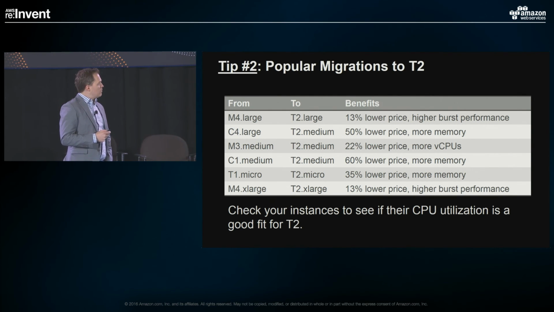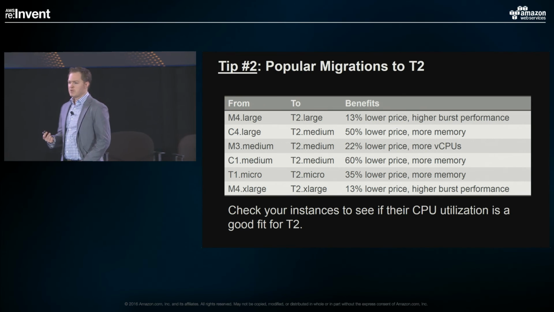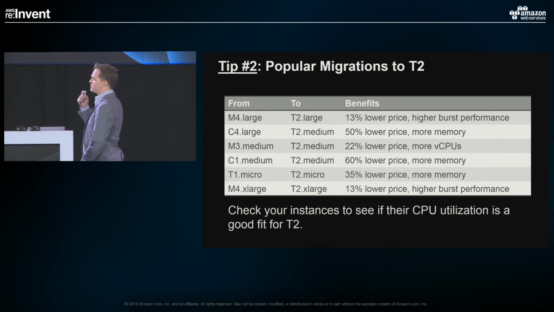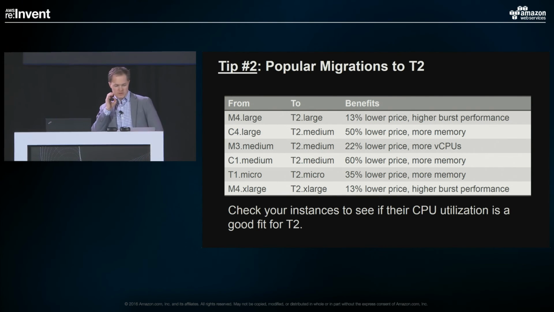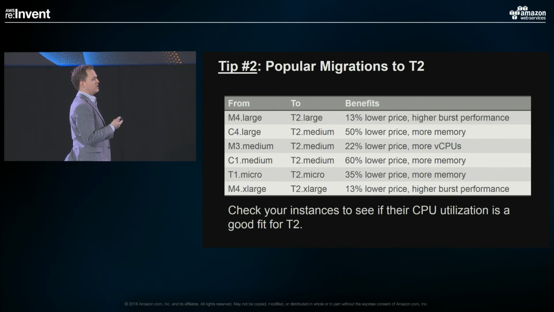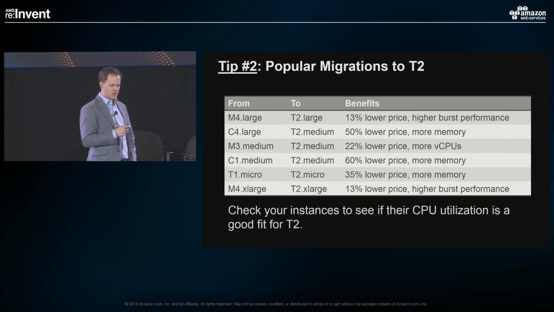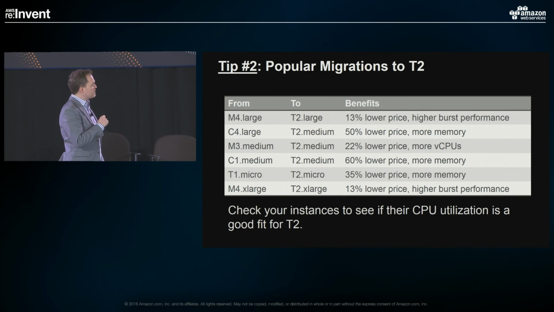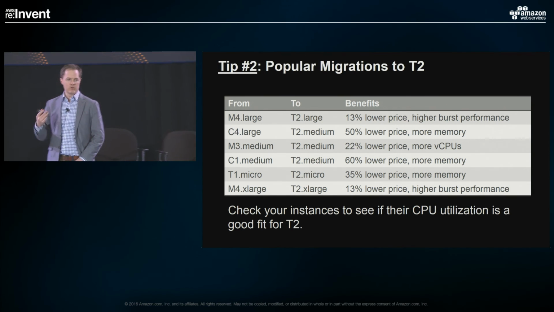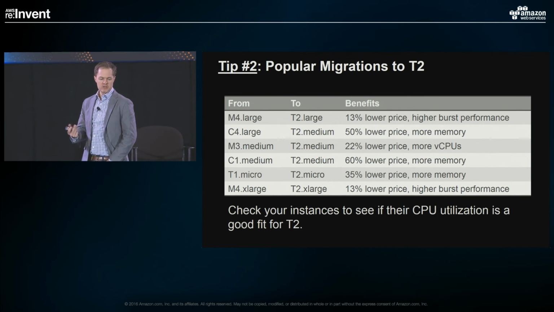So we've talked a lot about the performance and some of the scenarios that make sense, but it's also interesting to think about some of the reasons why and the directions where people come to T2 instances. These are a few that I've seen and talked to customers about. It's interesting to look at each one of these and why T2 makes sense in each case. So the first one we talked about a bit, M4 large to a T2 large. Here you get a bit of a cost benefit.